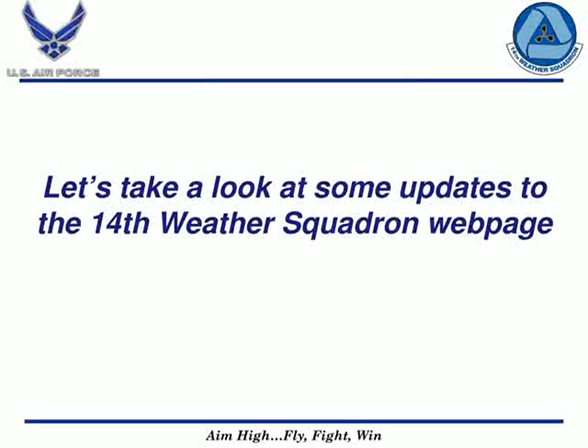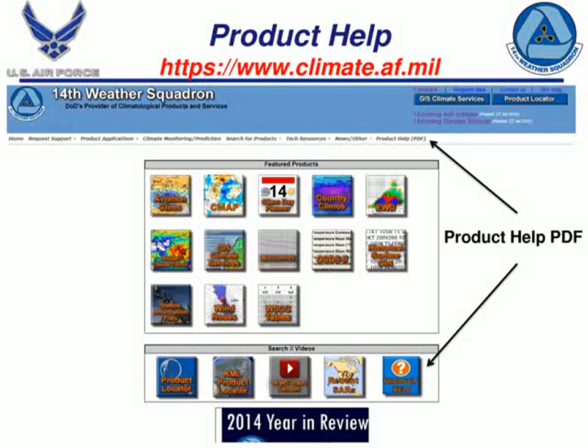What we're going to do is look at a few updates that we've made to our Squadron webpage. If you've visited us on our page, www.climate.af.mil, you know that we've got a pretty extensive product set. So we're always looking at ways to make these products more discoverable for our users.